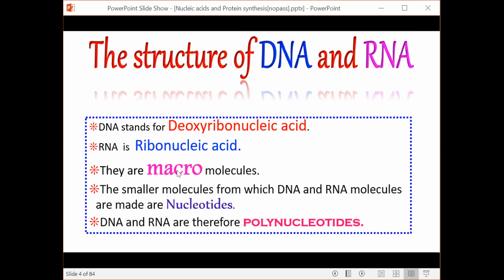Last time we discussed that they are made of nucleotides. One unit of a DNA, one unit of an RNA, is a nucleotide. DNA and RNA are the different types of nucleic acids. Since many such nucleotide molecules are joined together, they are called polynucleotides.